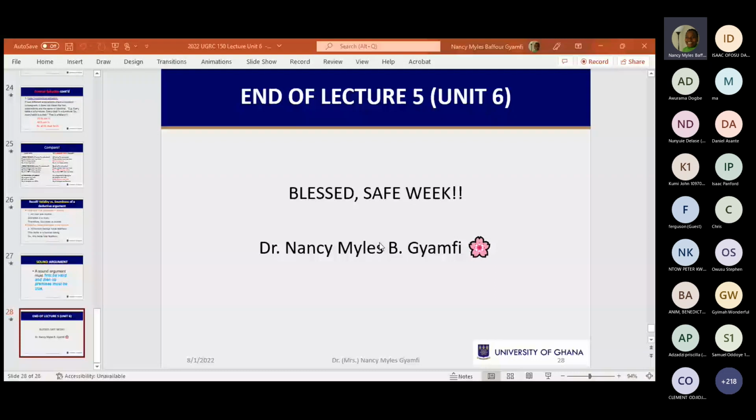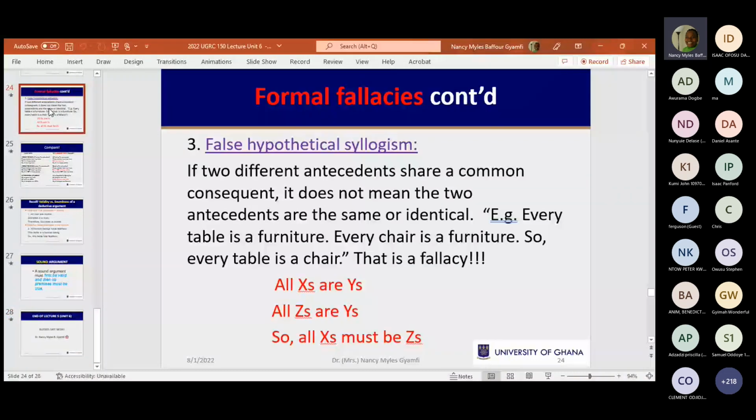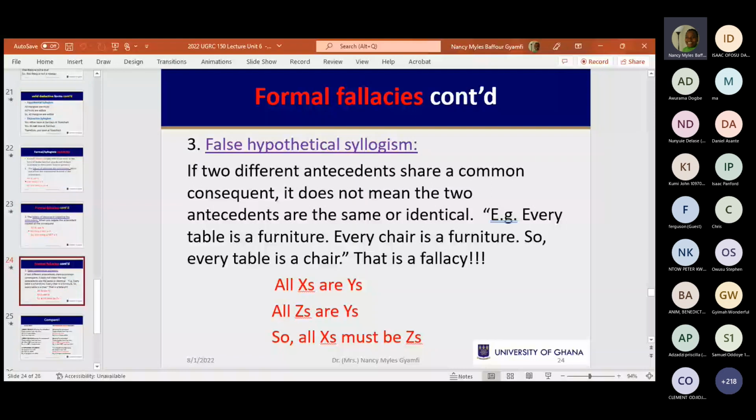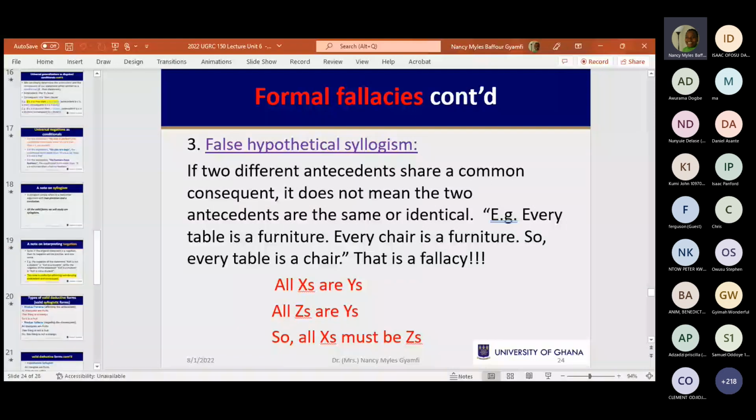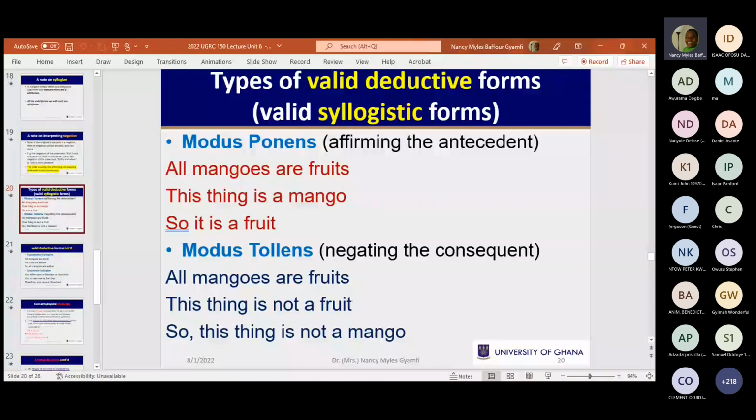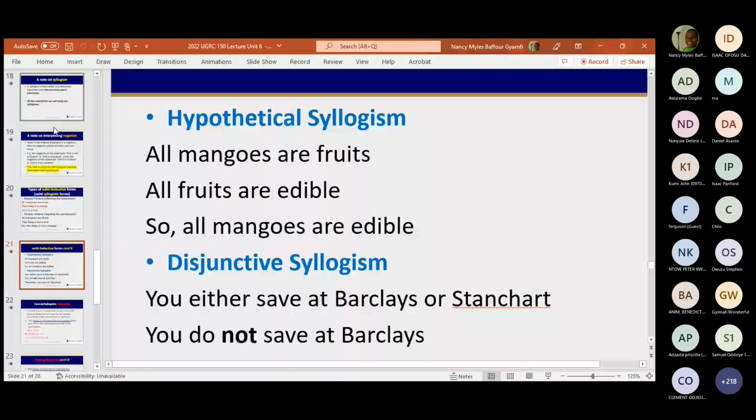But if it's hypothetical, the hypothetical syllogism pattern starts from what? All something has done something. The next one says, all something has done something again. Then the conclusion even says, all something have done something. So if it's hypothetical, they will be what? All. It is not specific.